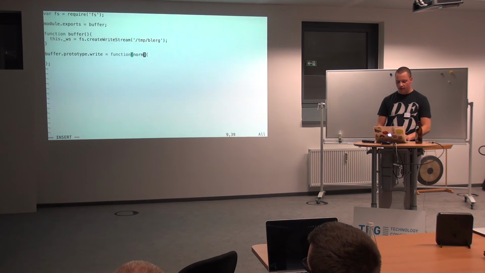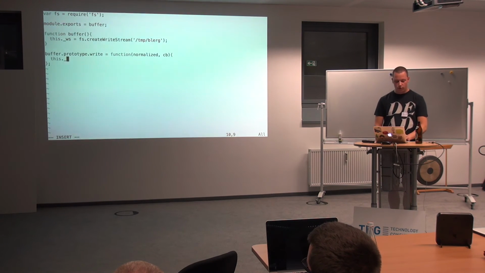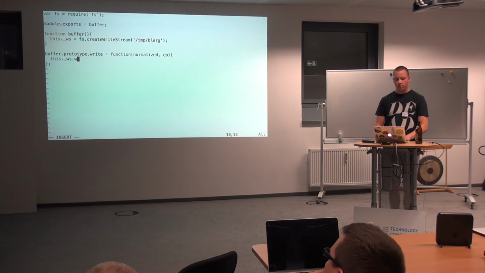We get a normalized message and a callback. So we call this.writeStream.write JSON.stringify normalized with a new line and then call the callback. Okay, that's the buffer service.